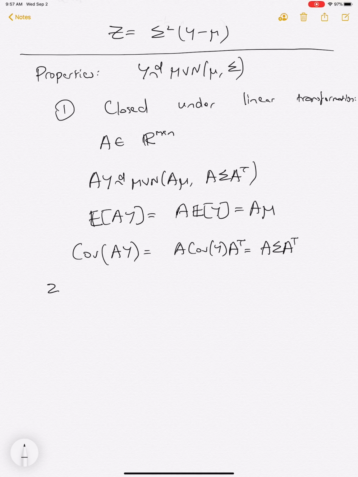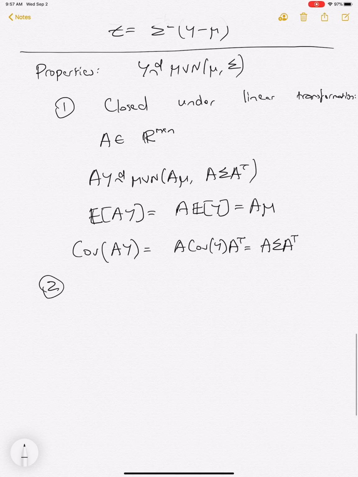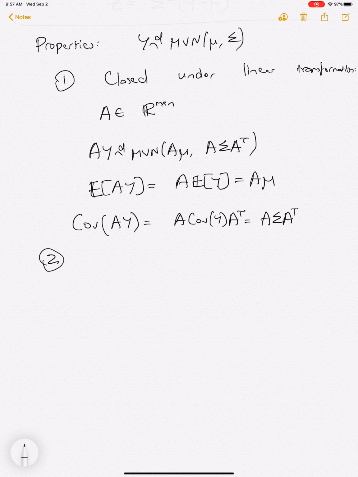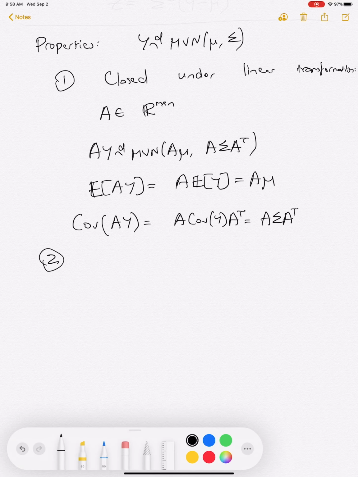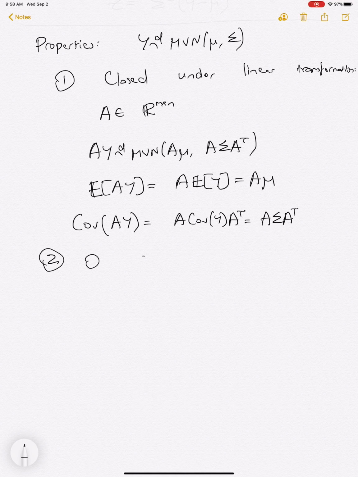The other thing that's really cool and very unique is that zero covariance implies independence.